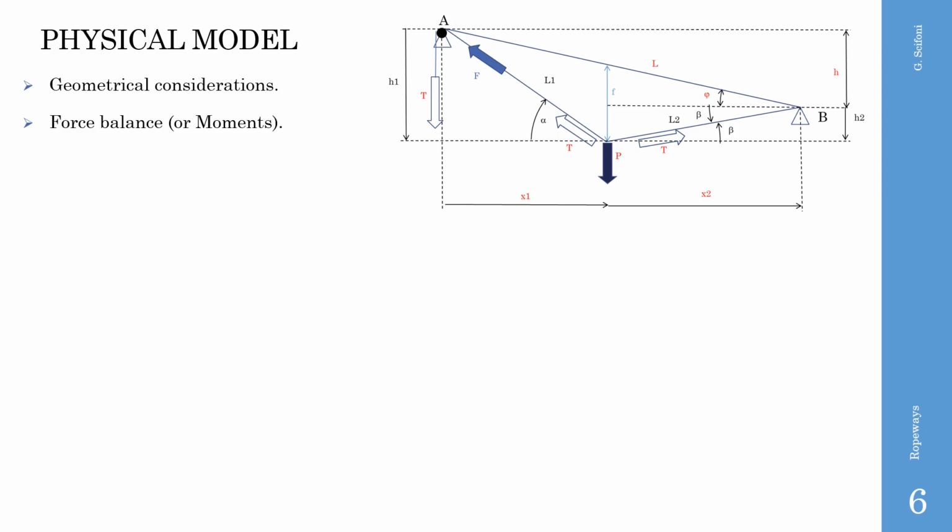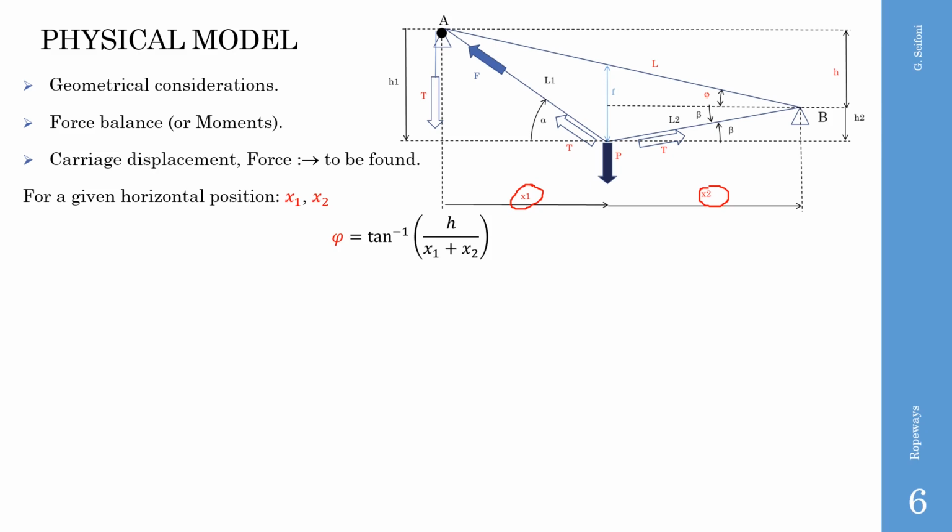With the help of geometrical considerations and force balance, we will solve our problem for any given horizontal position. A horizontal position of the carriage is given by the coordinate x1 or x2. We remember that the horizontal distance is known. The angle phi is calculated as the inverse tangent of h over the sum of x1 and x2. By writing the sum of the moments with respect to the point capital A, we get this expression.